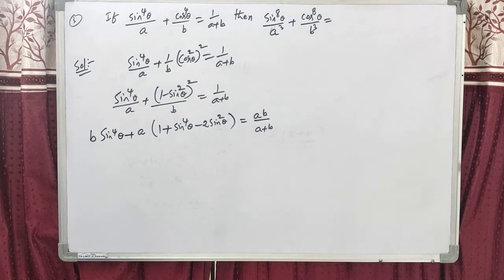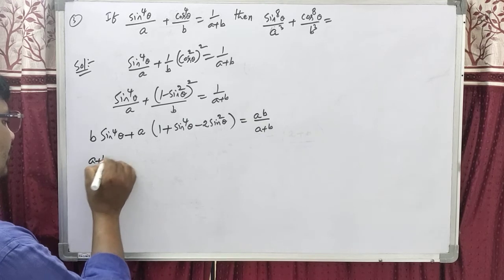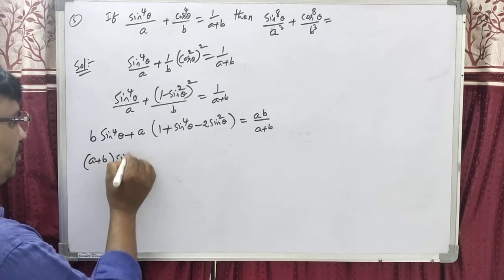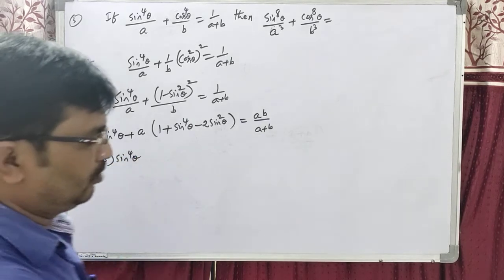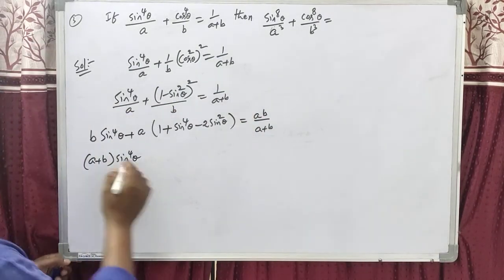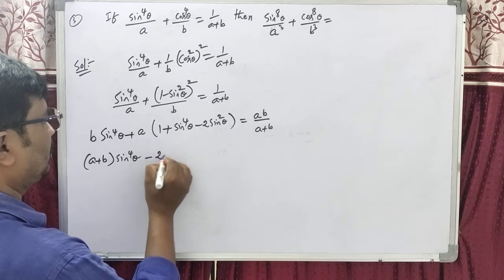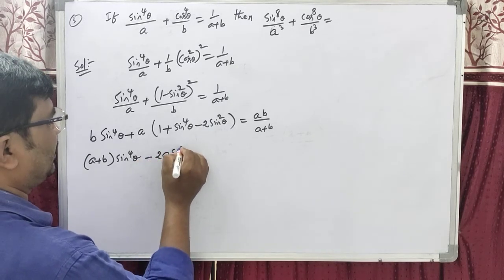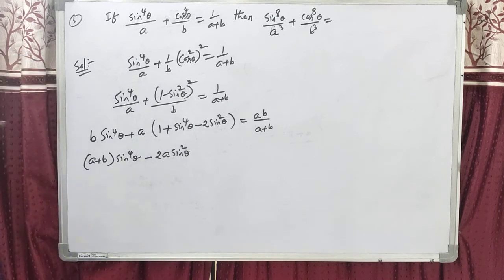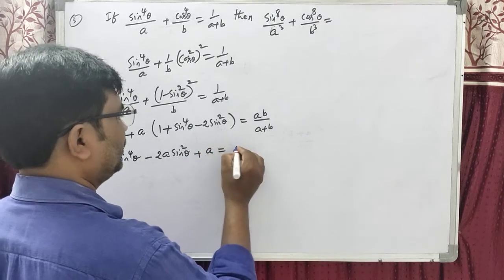Dear students, we got here (a plus b) into sin power 4 theta, minus 2a sin square theta, plus a, equals ab by (a plus b).